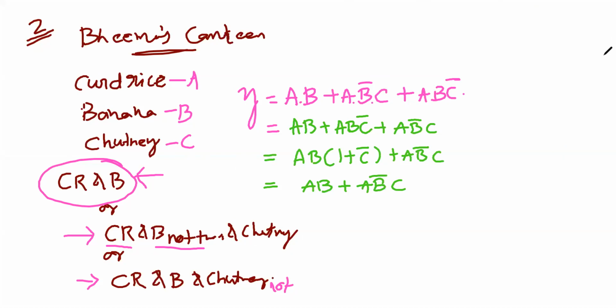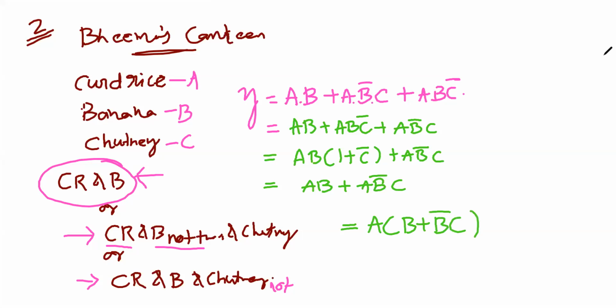Tell quickly. A dot B plus A C, A common, B plus C. B plus B bar C equals B plus C, by the distributive law.